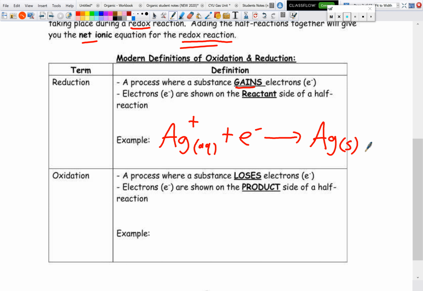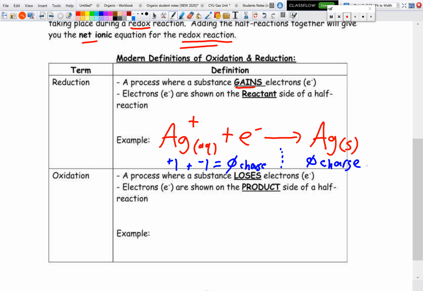We know we have one silver and one silver, so mass is balanced. But when we look at balancing the charge, we have a +1, plus electrons carry a -1 charge. So on this side of the equation, we have a 0 charge. And on our product side, we notice the element, there's no charge up here, so it has a 0 charge as well. So that's how we balance by both mass and charge.